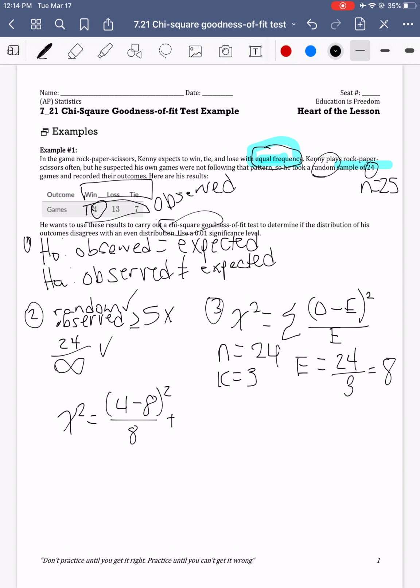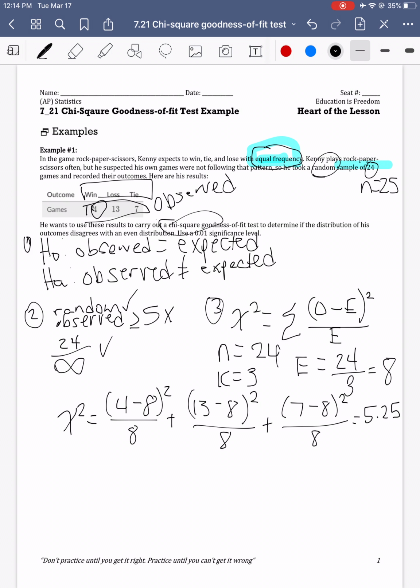Then it's a summation, so I keep adding the next value in the table, 13 minus 8, quantity squared over 8, plus the next value in the table, 7 minus 8, quantity squared over 8. And that is going to give me 5.25. And that's my chi-square test statistic.